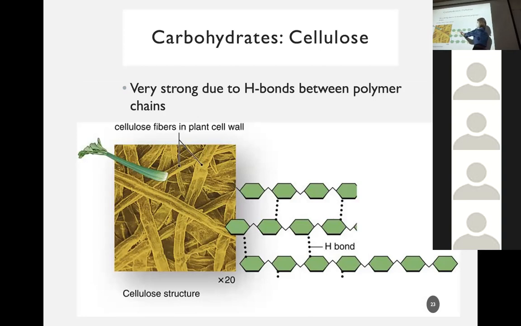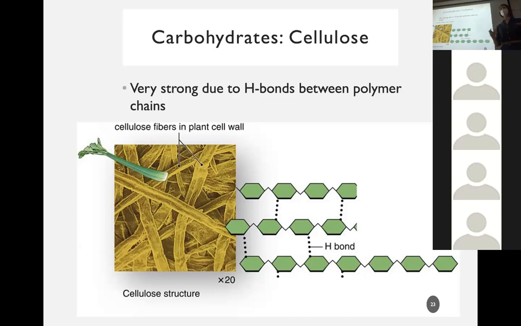So if it's all glucose strung together, these are the glycosidic linkages, right? They're bonded there. They also have hydrogen bonds. If you remember back to hydrogen bonds when I was talking about them, they'll actually bond between these individual chains of glucose. So that kind of creates this lattice of really strong cellulose.